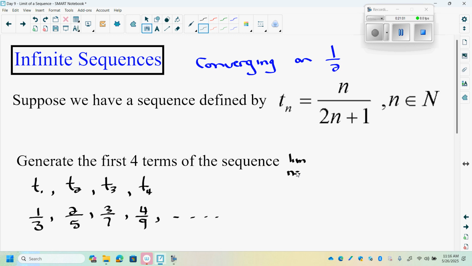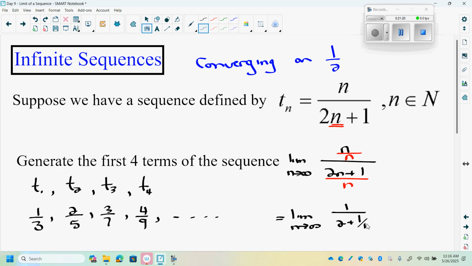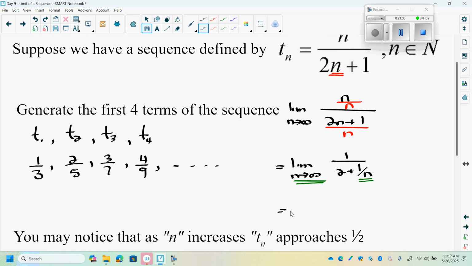Or, if I divided everything in this expression by the highest power of n present in the denominator, this is what I'd end up with. 1 over 2 plus 1 over n. This is going to go to 0. I'm going to have 1 over 2 plus 0, or 1 over 2.